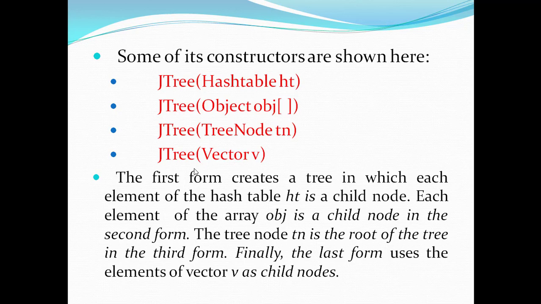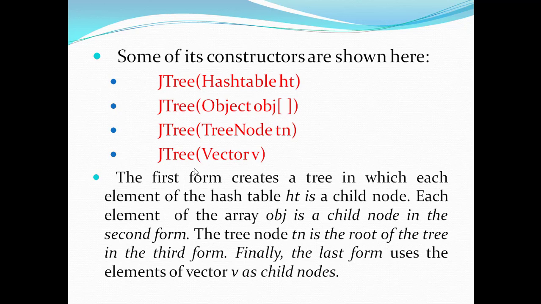The first form, that is JTree(Hashtable ht), creates a tree in which each element of the hash table ht is a child node. Each element of the array obj is a child node in the second form. The tree node tn is the root of the tree in the third form.